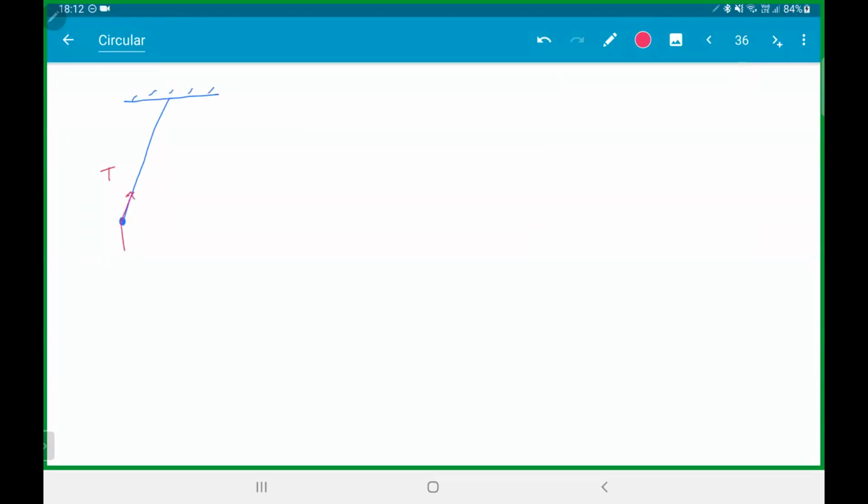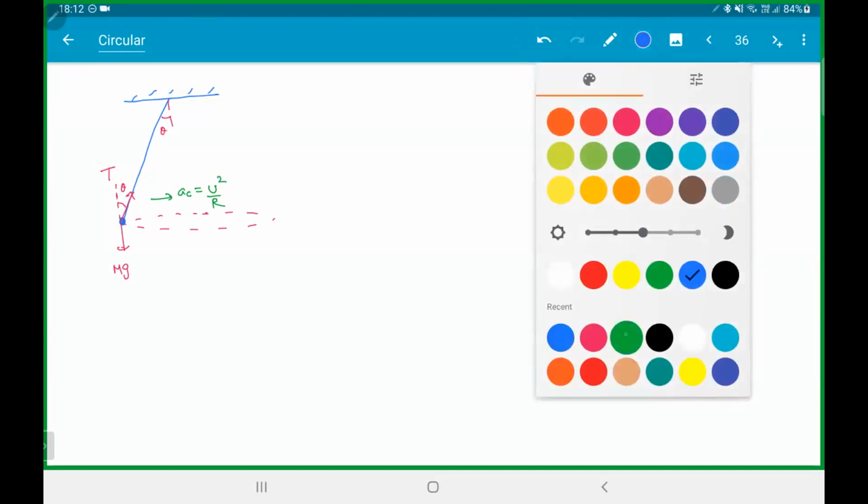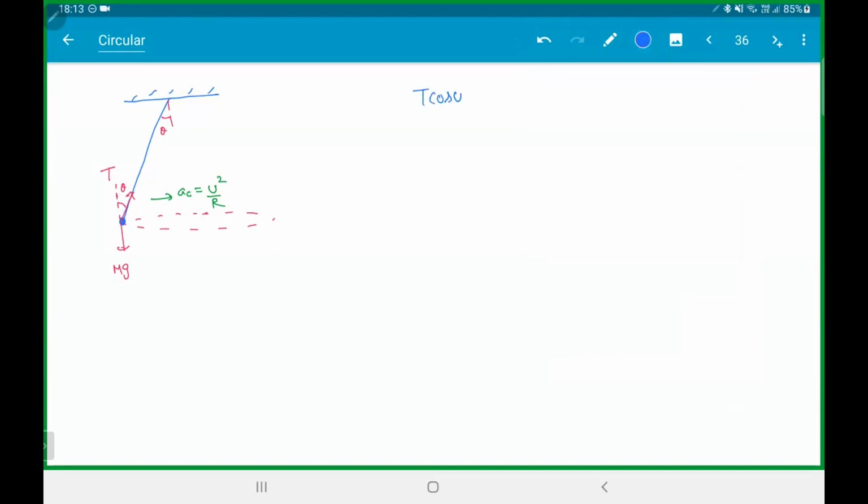Tension, mg. That's it. There are only two forces. Since you're going in a circle, there will be a centripetal acceleration, u square by r. This is theta. Write the forces. You get T cos theta is equal to mg, and T sin theta is providing the centripetal acceleration.